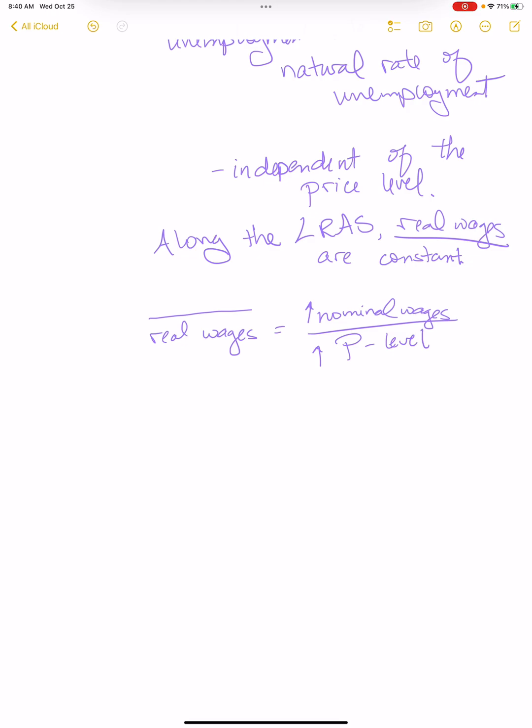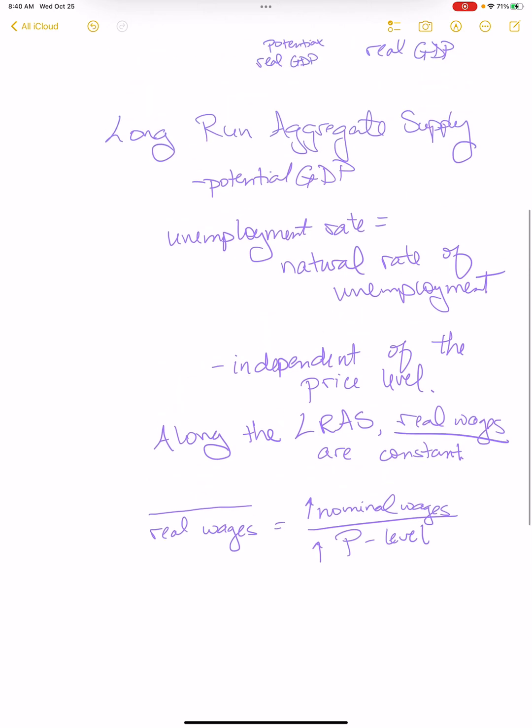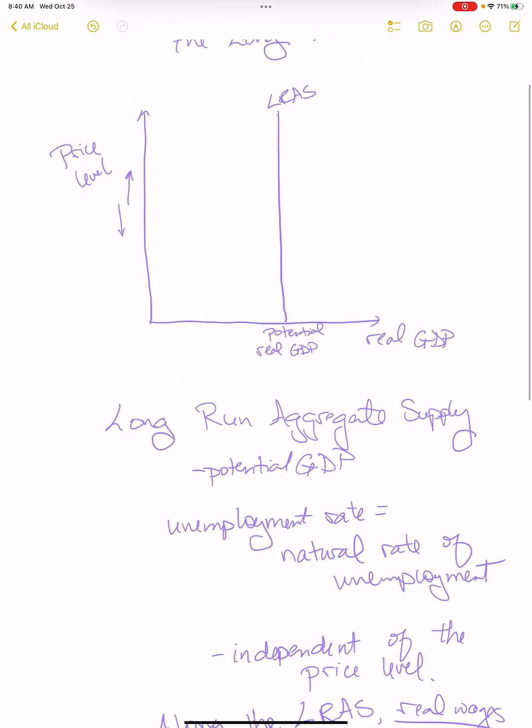So in order to hold real wages constant, if price level changes, nominal wages have to change by the same percentage. Those are the assumptions: holding the real wage constant, using all of our available resources, producing at our potential. That gives us our current long run aggregate supply at any given point in time.